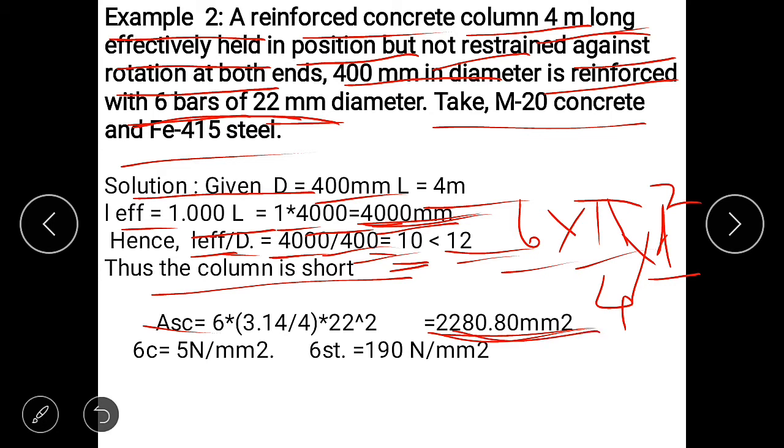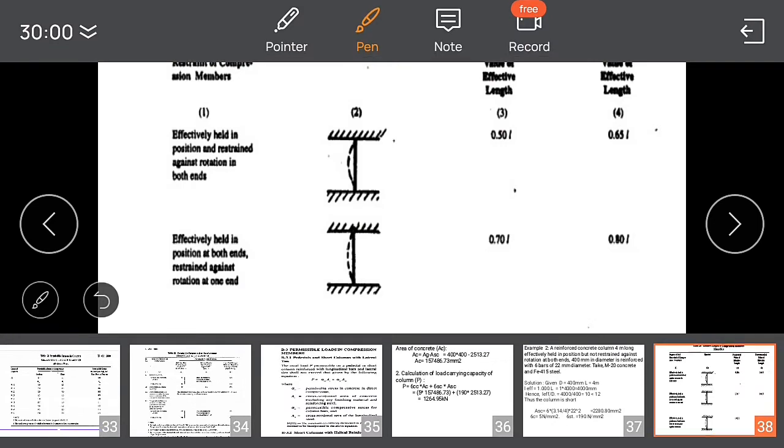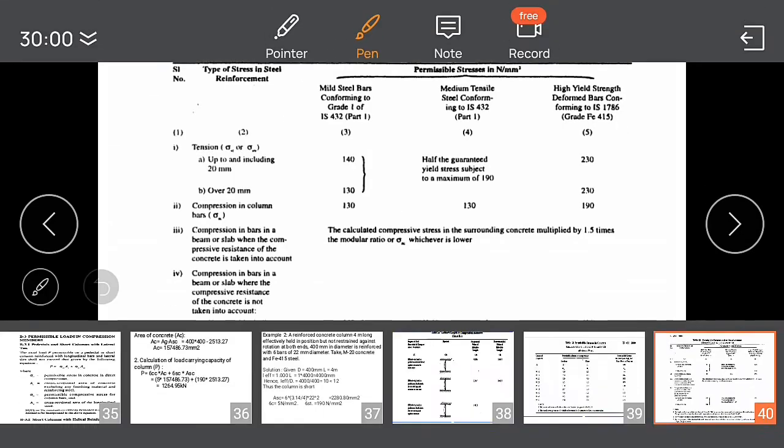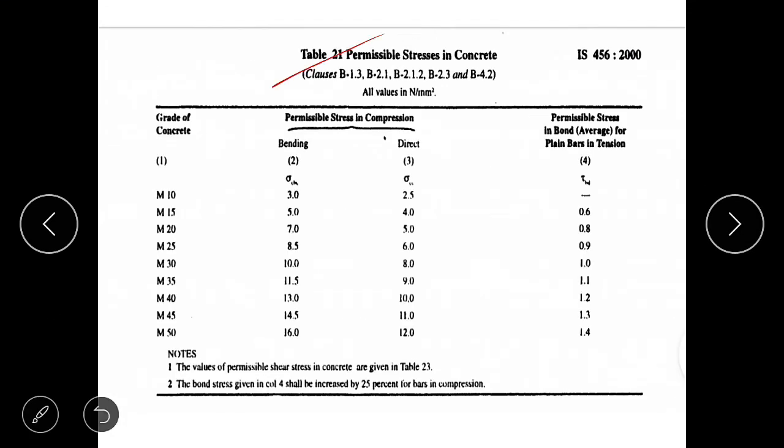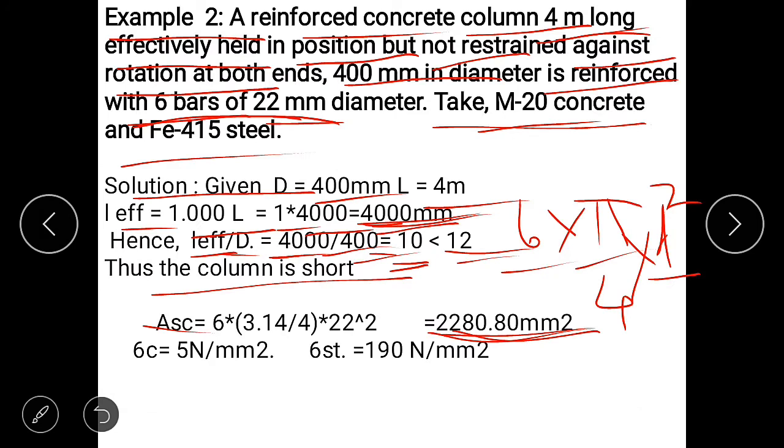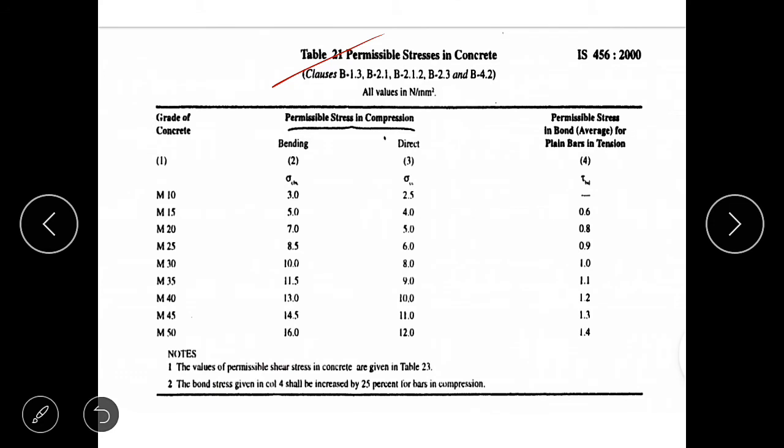The grade is given as M20 and Fe415. For M20 grade, in table number 21, sigma cc is 5.